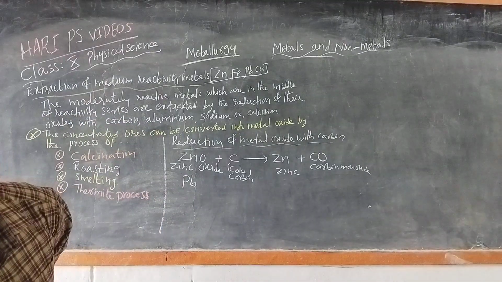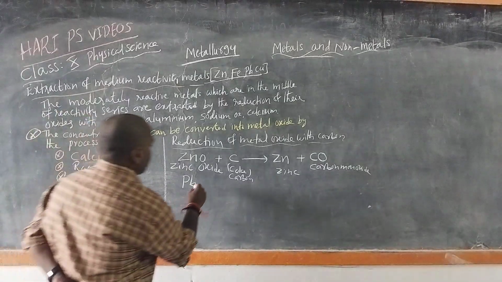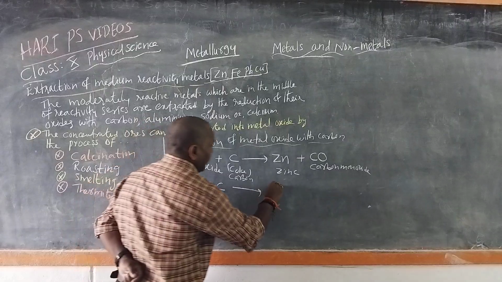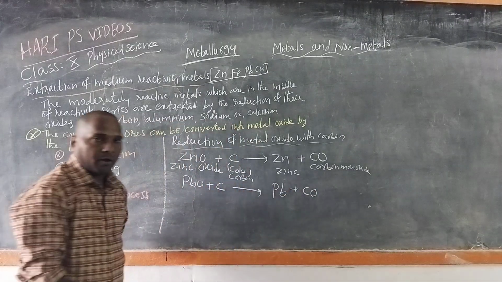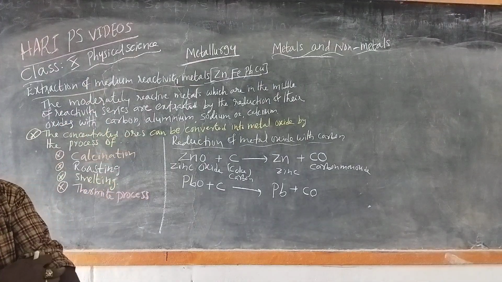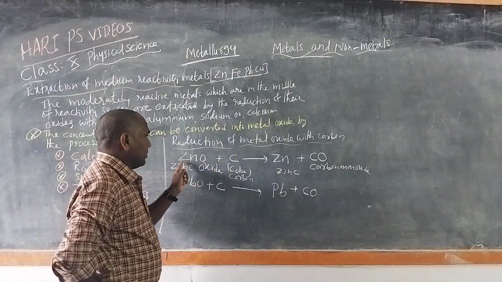Let's take one more example. Lead oxide plus carbon. What will happen here? Lead and carbon monoxide are formed. So this is the reduction of metal oxide with carbon.